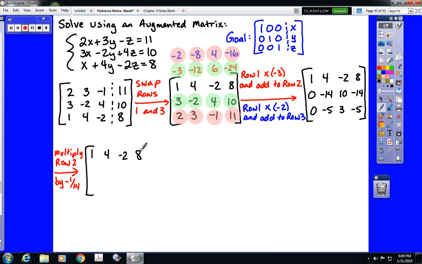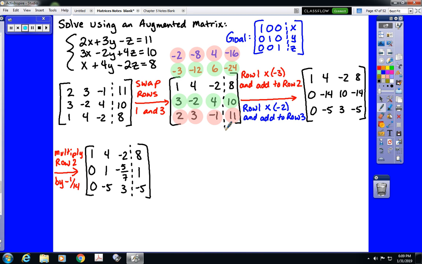The second row, I'm multiplying each number by negative 1/14, which would be 0, 1, which is the whole point, is to get a 1 there. Negative 10 over 14, which reduces to negative 5 over 7. And 1. And then the last row is currently unaffected. 0, negative 5, 3, negative 5.